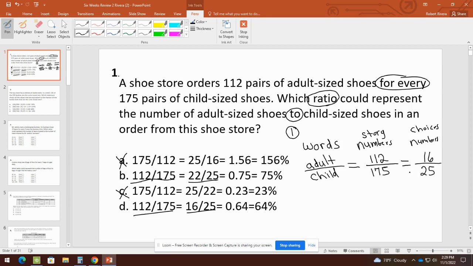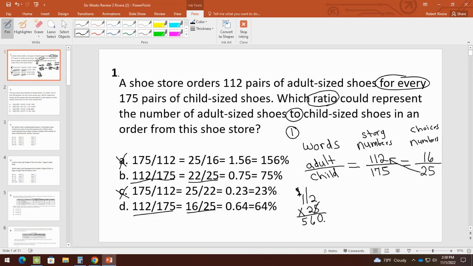Once you have them set up, I'm going to do cross products, okay? I'm going to start with 25 times 112. I'm going to go to the side. 112 times 25, and see what we get. 5 times 2, 10. 5 times 1 is 5, 5 plus 1, 6. Sorry, not good. 5 times 1 will be 5, my bad.